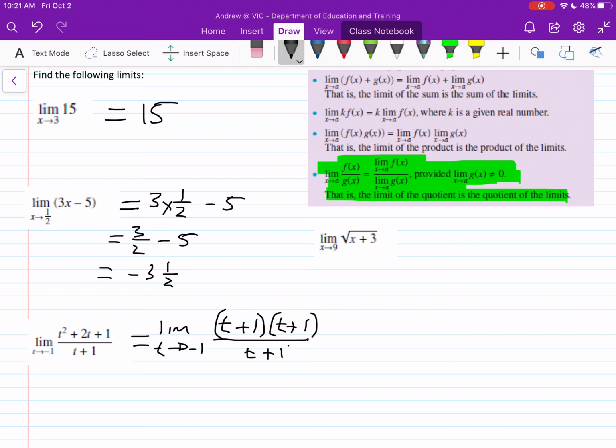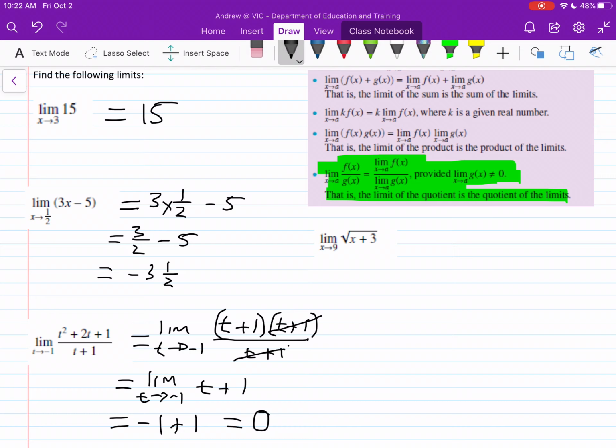So now we can cancel out two of these. This leaves the limit as t approaches negative 1 of t plus 1. We substitute negative 1 in, so it becomes negative 1 plus 1, which is equal to 0.